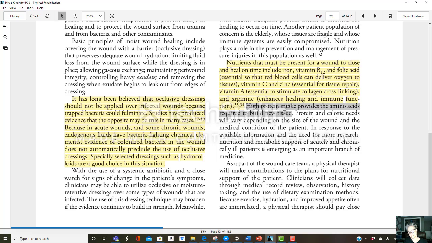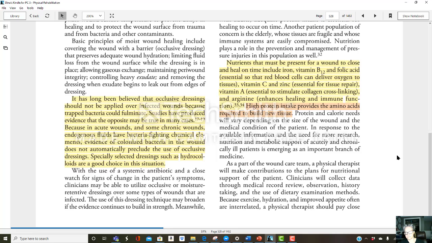In response to the available information and the need for more research, nutrition and metabolic support of acutely and chronically ill patients is emerging as an important branch of medicine. As a part of the wound care team, a physical therapist will make contributions to the plans for nutritional support of the patient.